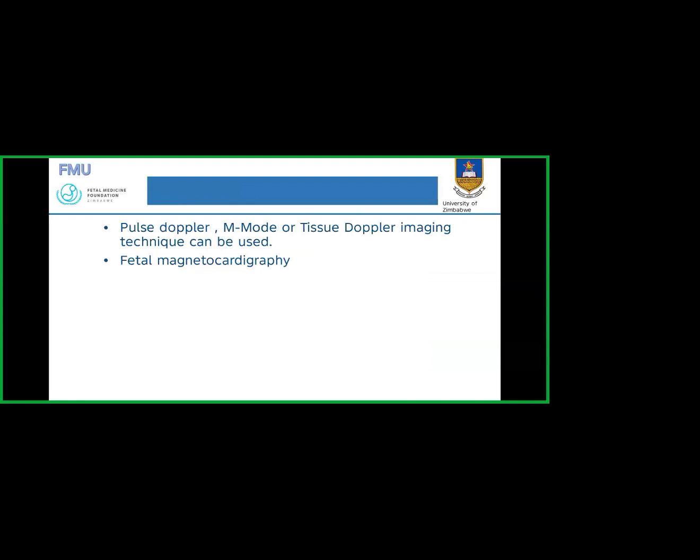So when we examine the fetus, we do pulse Doppler, M mode, and tissue Doppler imaging. There's also a novel technique where fetal magnetocardiography can be done. This can map out the fetal electrical activity without much interference. However, it's very expensive and not readily available.